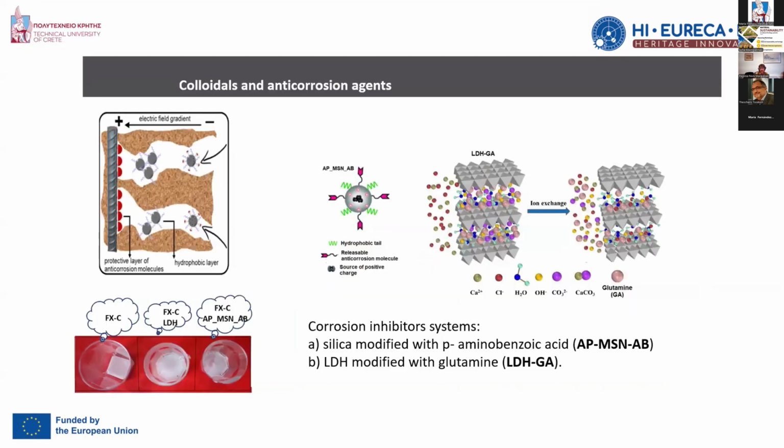And finally, another issue that was achieved with this product is the incorporation into this impregnation solution of some anti-corrosion molecules that could be released through those structures and incorporated into the initial structure of our product.